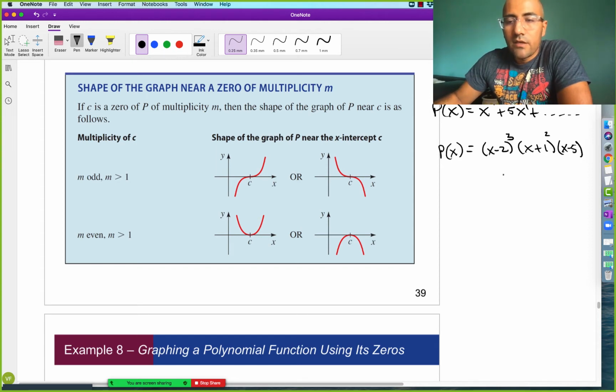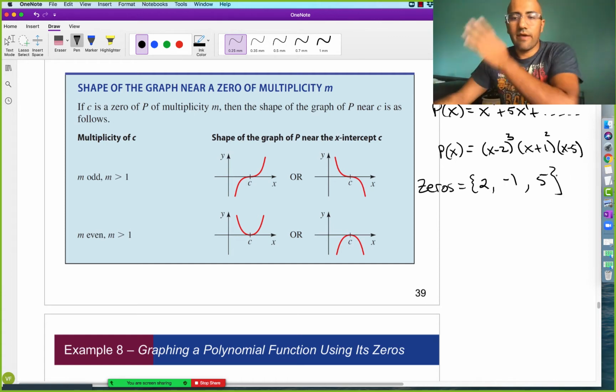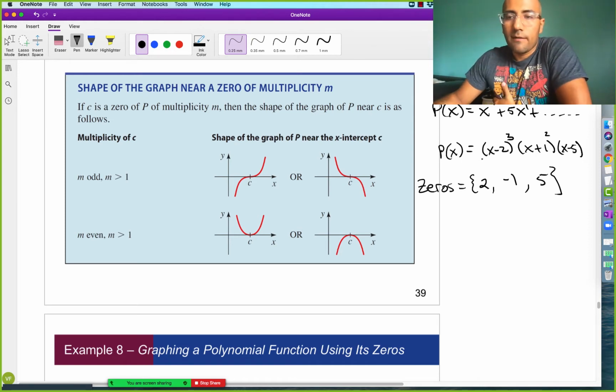It factors like this. This is saying that the zeros are positive 2, negative 1, and positive 5, right? These are the values that will result in the polynomial equaling 0.